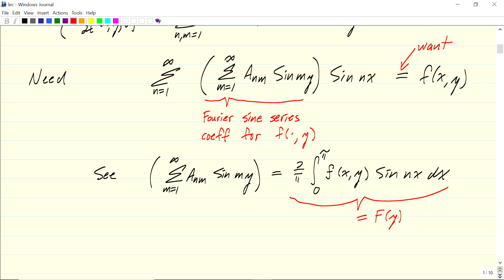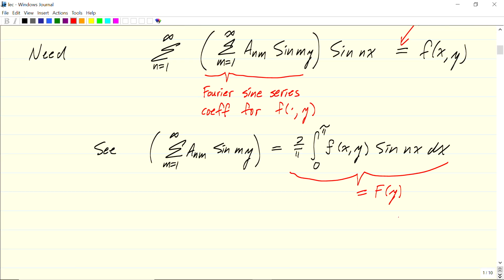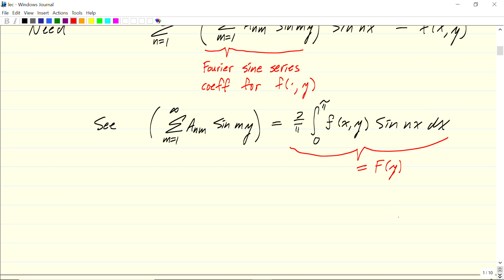And you know, if f is a twice differentiable, continuously differentiable function, this is a nice function of y. And so we can deduce that these Fourier series converge nicely to what we think they're going to converge to. All right. And so now we see that A_nm is the Fourier sine coefficient for that function of y.